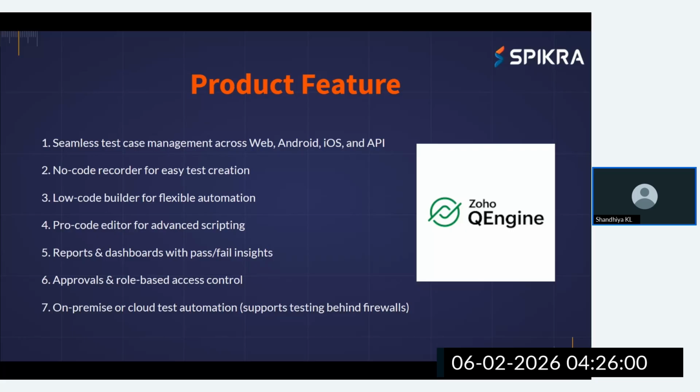This all happens inside this single platform, Zoho QEngine. You can also choose on-premise or cloud test automation, which means we can choose where you want to run your test cases inside the Zoho QEngine. It also supports testing behind firewalls.